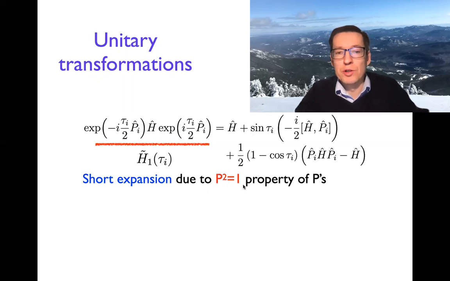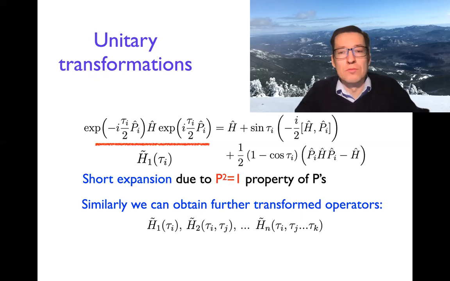They have the involutory property that P squared is equal to 1, and that generates a short expansion. Now, if we keep applying different P's that potentially can drive the energy down, we can transform the Hamiltonian further and further, generating it as some operator function of taus.